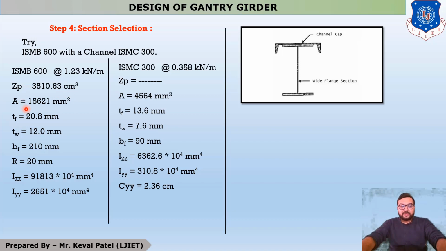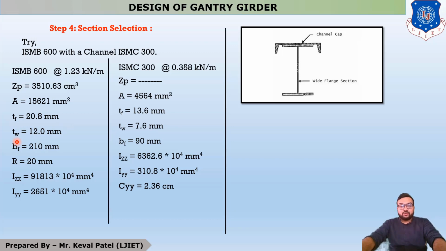A means sectional area is 15621 mm square. Okay, in the steel table, this value is written as 156.21, but it is in cm square. So you all know that all our data is in Newton and mm. So you have to convert your cm square to mm square by multiplying with 100. Okay, so it is 15621 mm square. Third is Tf. Tf means thickness of flange. So it is 20.8 mm.